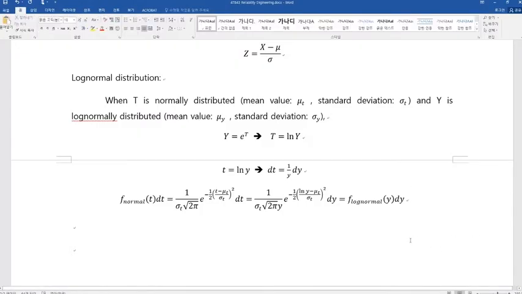So the next one is exponential distribution. We introduce this parameter lambda, and this lambda is called the failure rate.